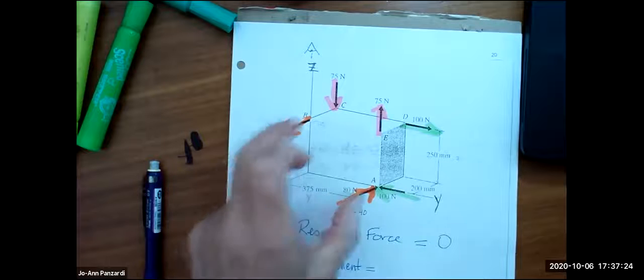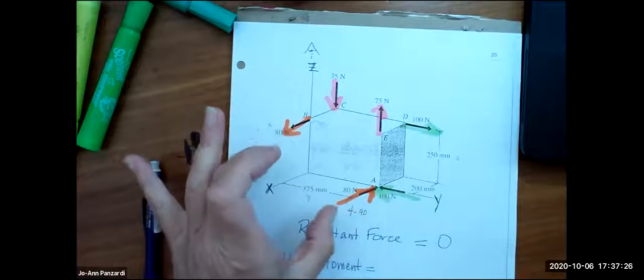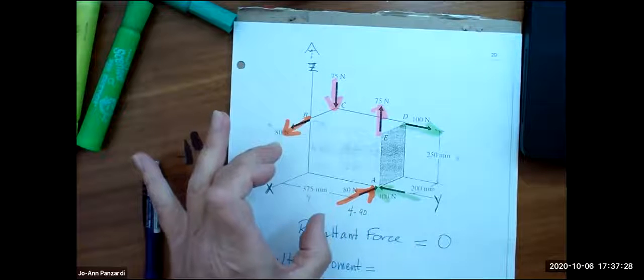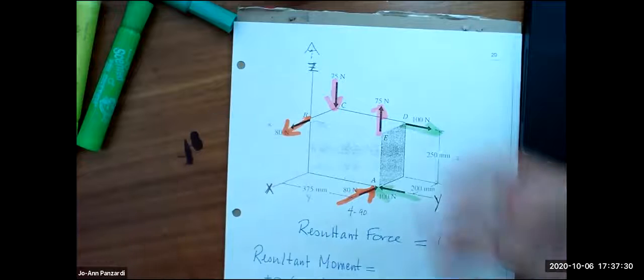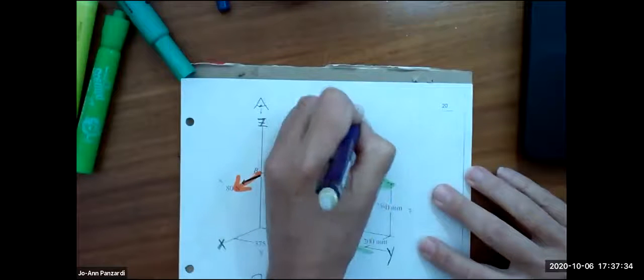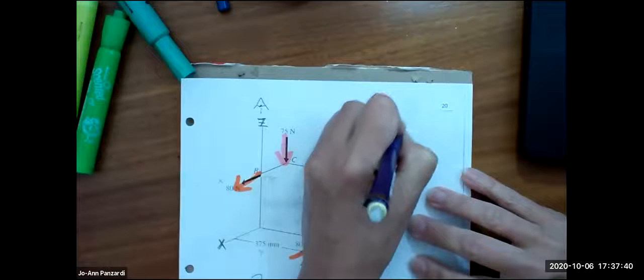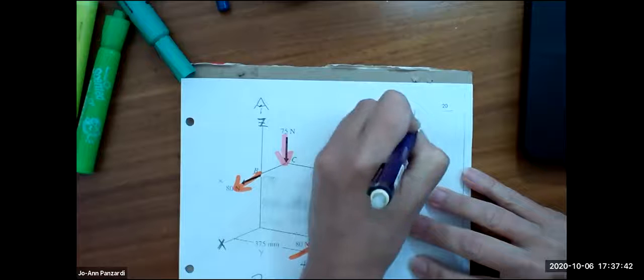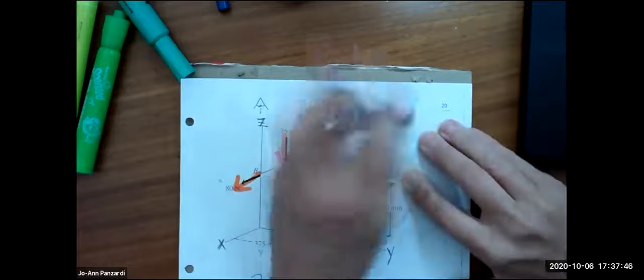Because now we're entering the realm of couples, we are no longer putting our fingers in the direction of the force. Remember, if a couple is like this on the Z, it's creating a positive. If my couple is like this in the Z, it's going the other way.